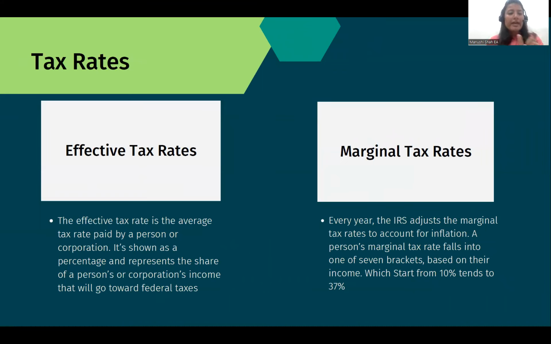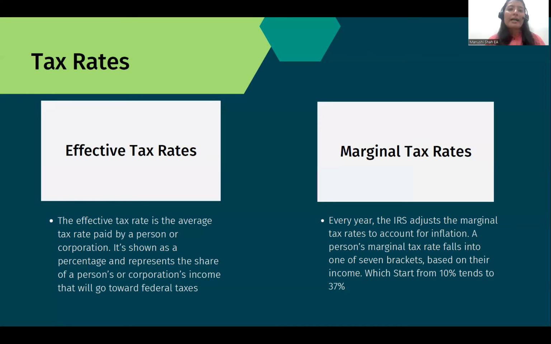This effective tax rate is an average tax rate which is paid by the individual or the business or the corporation, and it's shown as a percentage which represents the share of a person's or corporation's income that goes to federal taxes. So let's take an example. In a C corporation, we have to pay a flat 21% tax rate. So that is a part of our effective tax rate.